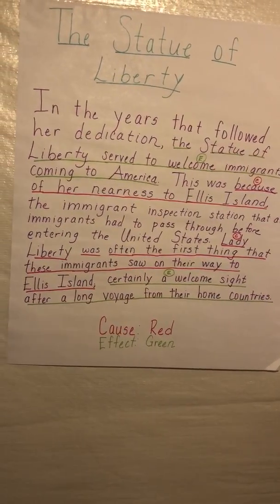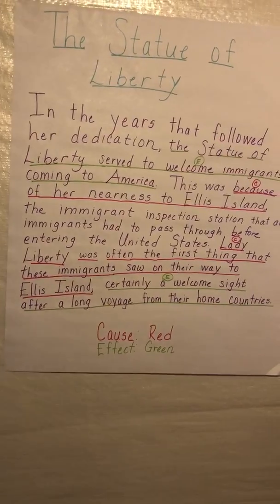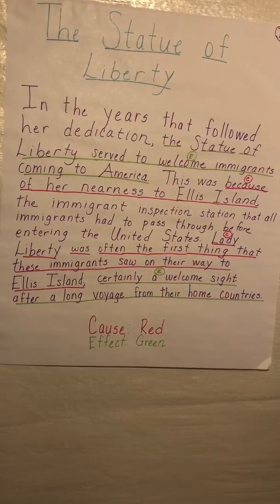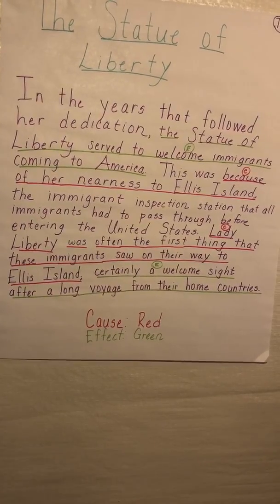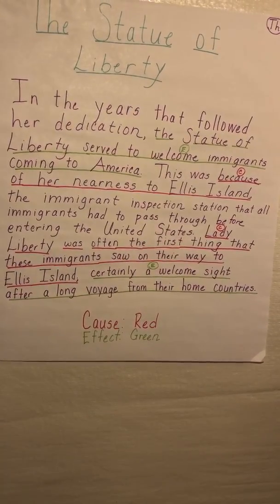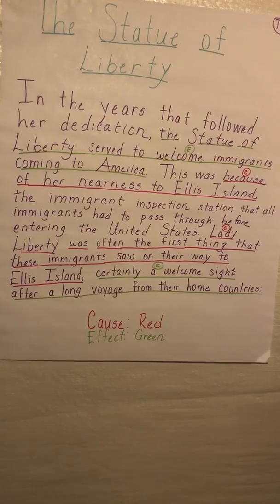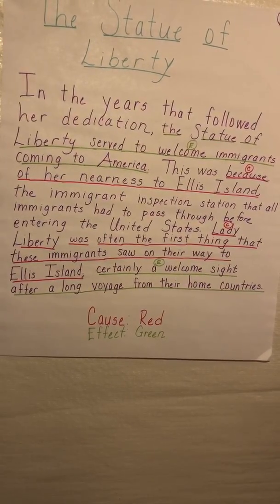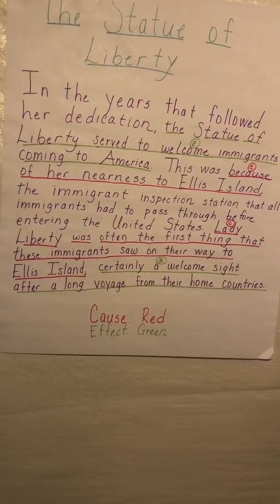Further in this paragraph, there's another set of cause and effect relationships. Down at the bottom it says, Lady Liberty was often the first thing that these immigrants saw on their way to Ellis Island. So that is labeled in red with a little C, which is the cause.